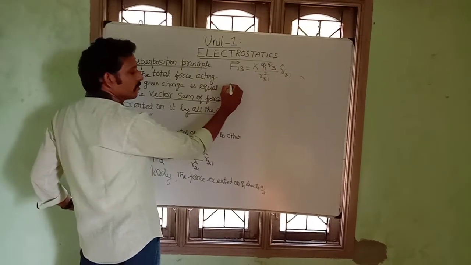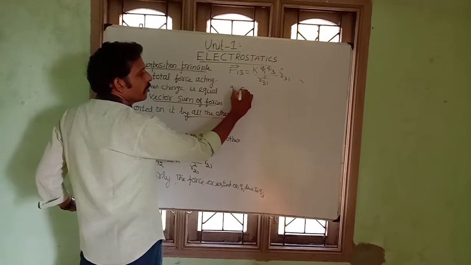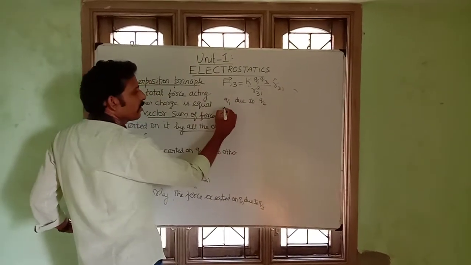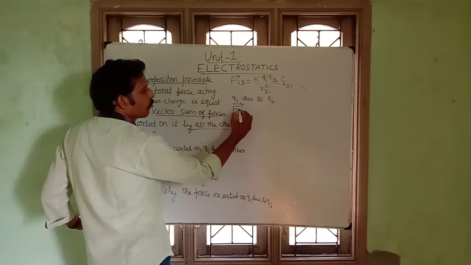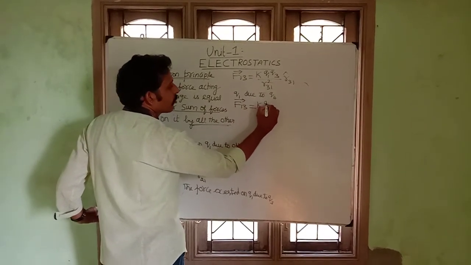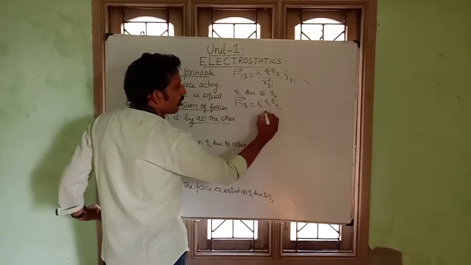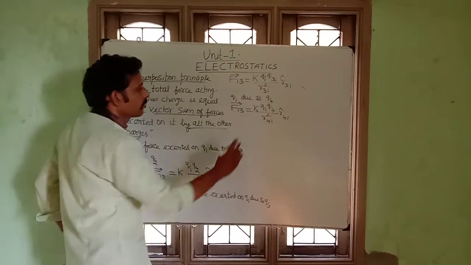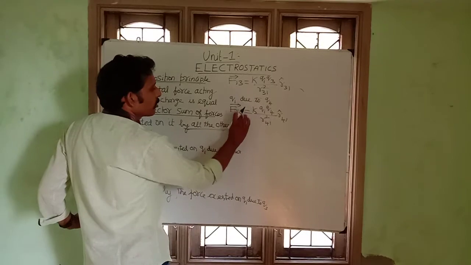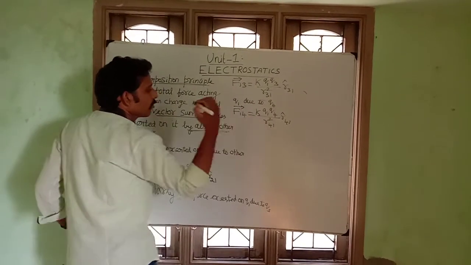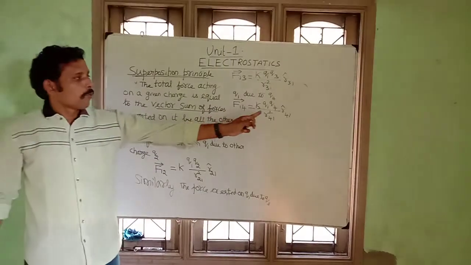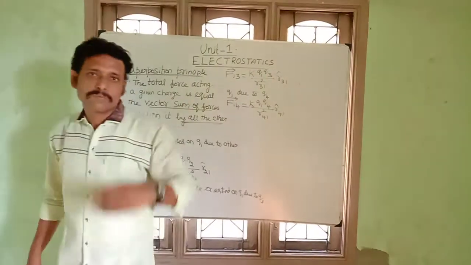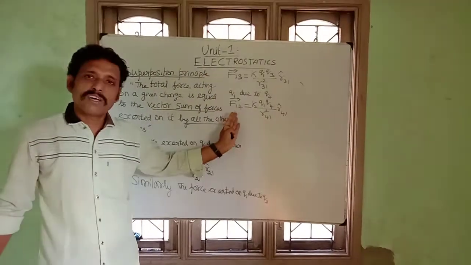F vector 13 is equal to K Q1 Q3 by r square 31 r cap 31. This is the force exerted on Q1 due to Q3. Similarly, we can find F vector 14, the force on Q1 due to Q4: K Q1 Q4 by r square 41 r cap 41. What is r cap 41? Correct, it is the unit vector from 4 to 1. Like that, you can find the force for n charges.